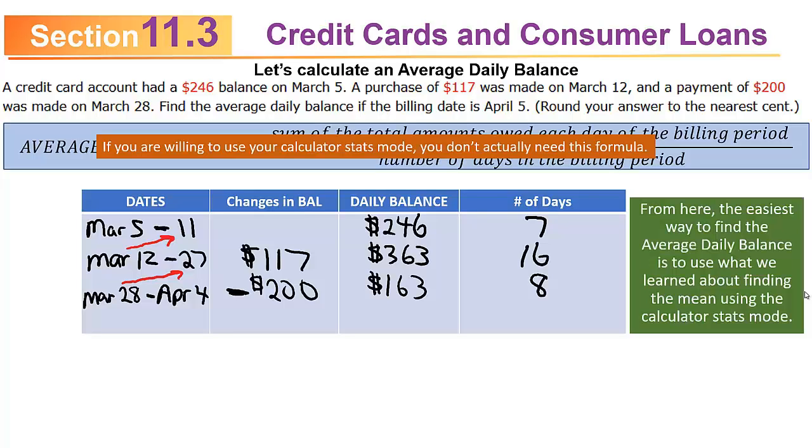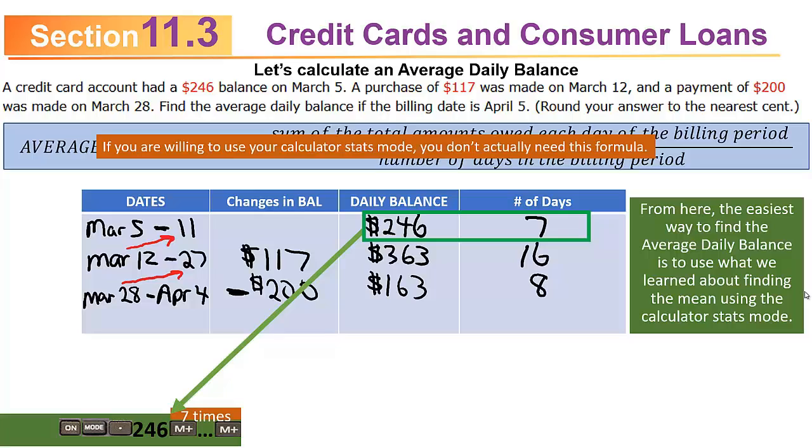And from here, the easiest way to find the average daily balance is to use what we learned about finding the means using the calculator stats mode. So all you need to do is press on the calculator to clear out any old data, press mode period to put it into stats mode, and then enter the daily balance, however many days it was valid.